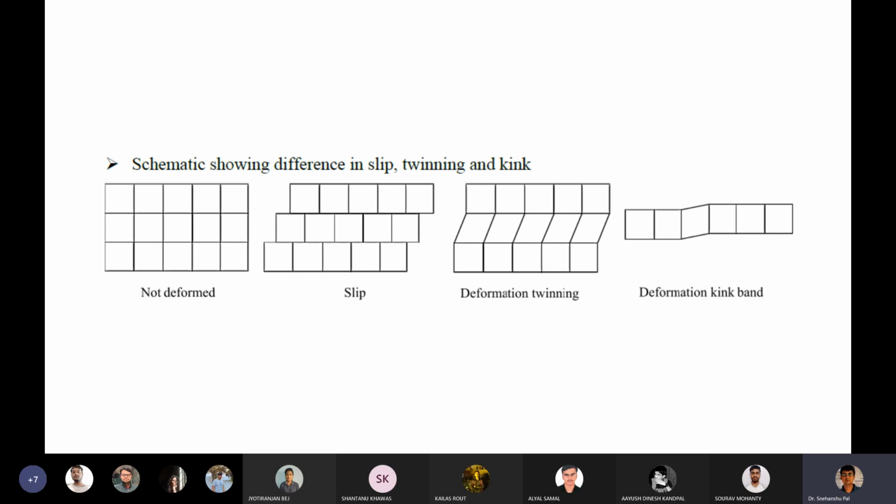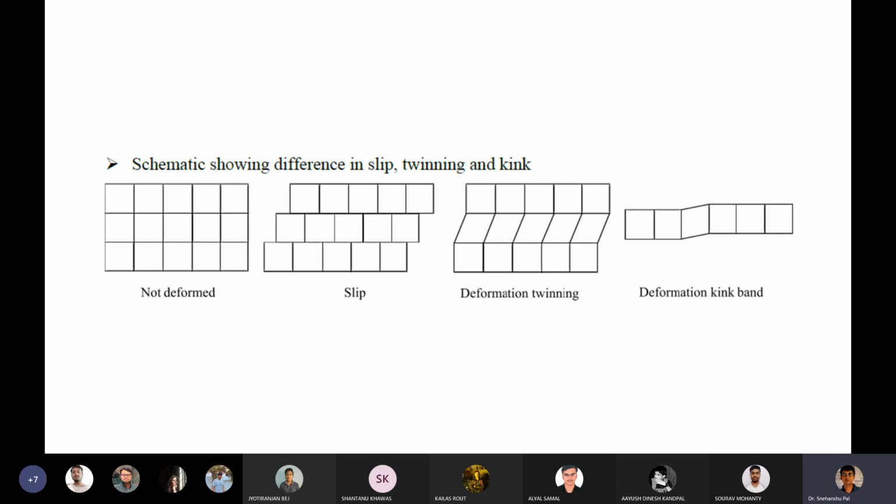So in the case of kinking, if you look at the picture of this slide, part of the crystal lattice is slowly transformed under the action of stress into another crystal orientation. So there is a variation in crystal orientation. That variation is due to the slow transformation by the action of stress, and that orientation variation of the crystal happens in the kinking process.